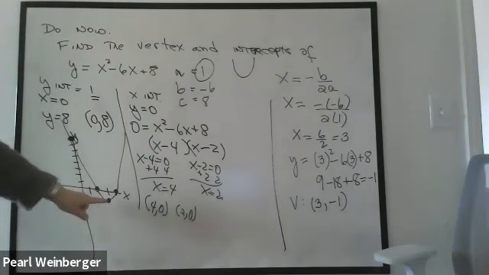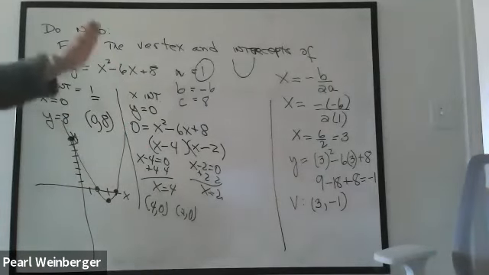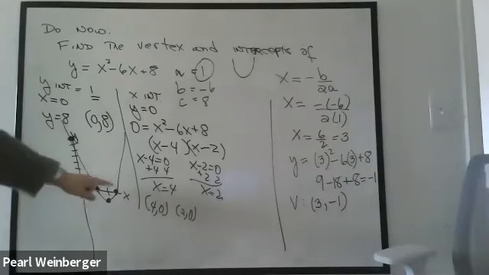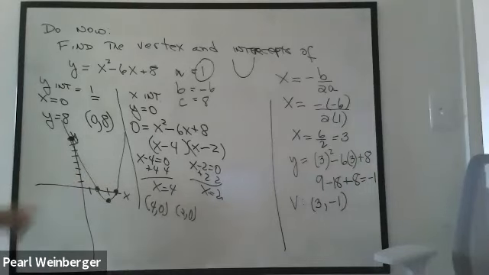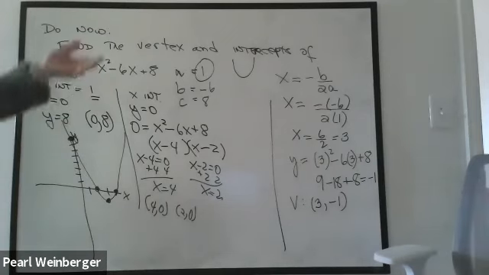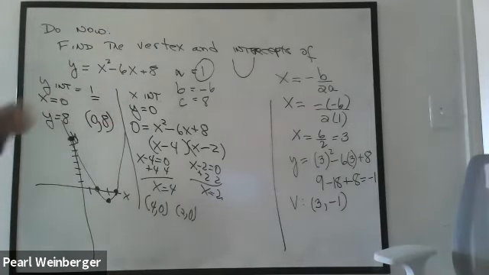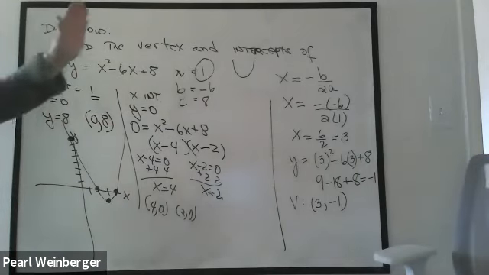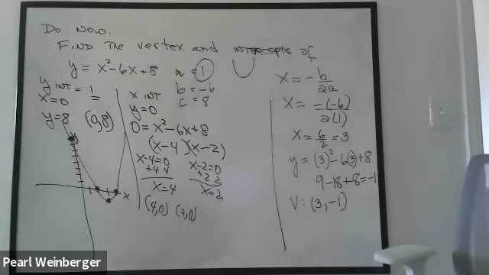Because once you have its vertex and you know that it opens up, even if you don't get exactly right where it's crossing the axes, you'll be able to pick the right choice. It might ask you not for the vertex, but for the x-intercepts. Then you'd have to do this. It's unlikely that you would have to do all this work.